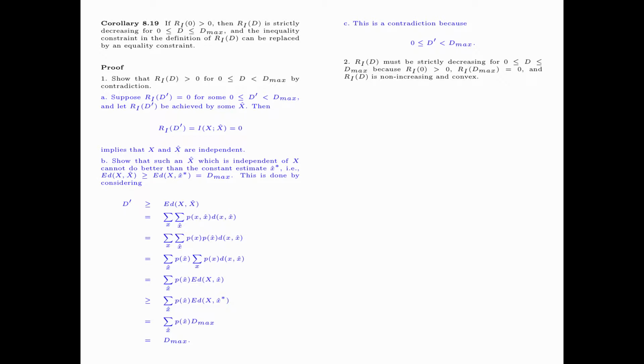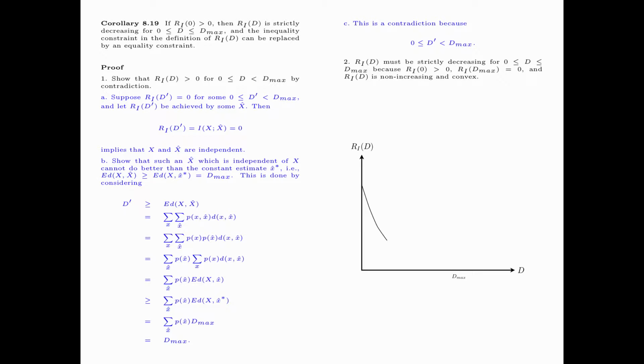In the second step, we note that R_I(d) must be strictly decreasing for d greater than or equal to 0 and less than or equal to d_max, because R_I(0) is greater than 0, R_I(d_max) is equal to 0, and R_I(d) is non-increasing and convex. The idea is illustrated in the following figure.